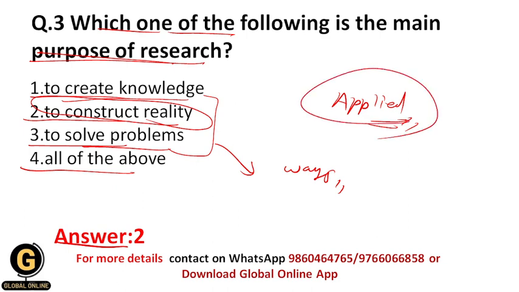This is nothing but applied research, and that's why the third option is the way of doing applied research. To create knowledge is again a way of doing research, it is not the main purpose of research, and that's why the correct answer over here is the second.